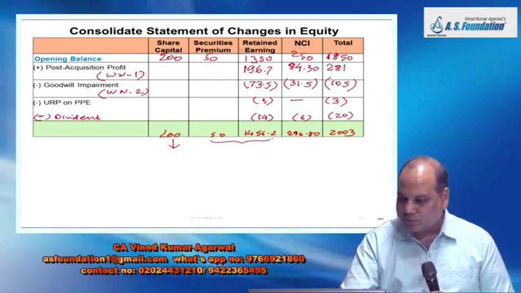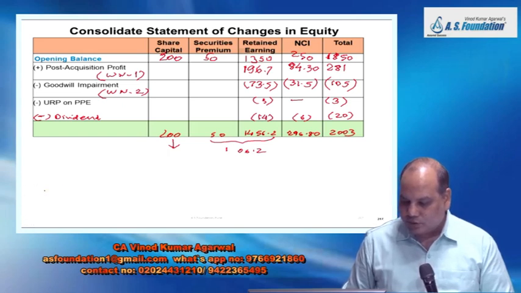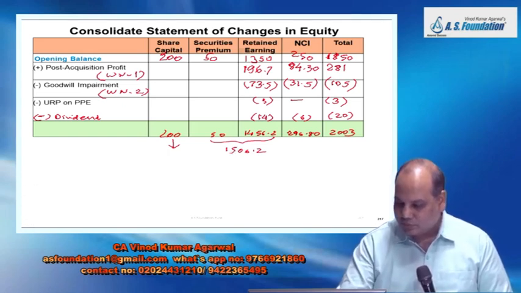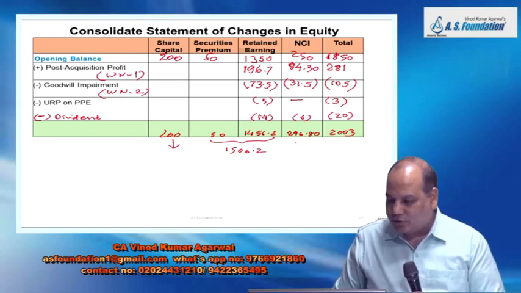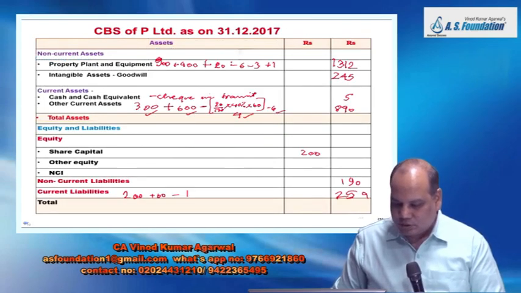What is the total of security premium and retained earning? 1506.2. And this is NCI. So write down other equity 1506.2.